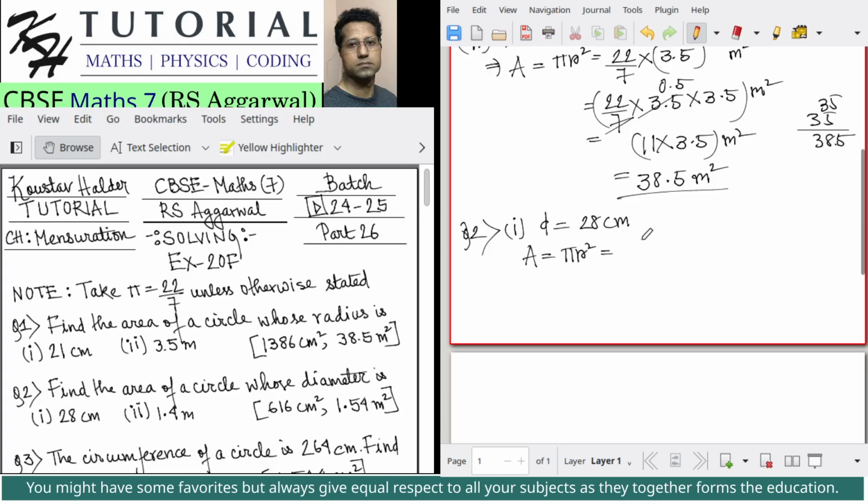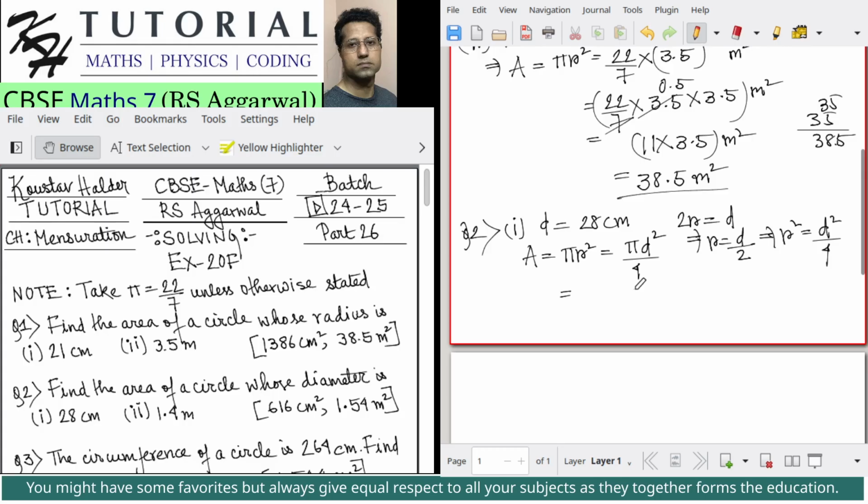In terms of diameter, we know twice r is equal to d, diameter. So this implies r is equal to d by 2. So this implies r square will be equal to d square by 4. So the area in terms of diameter is pi d square by 4.